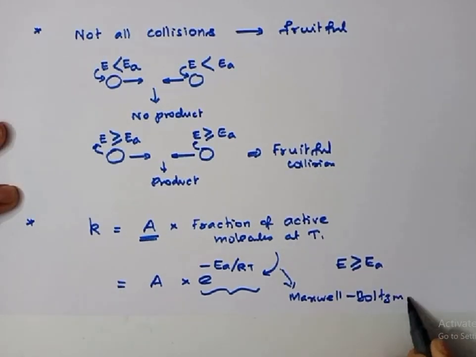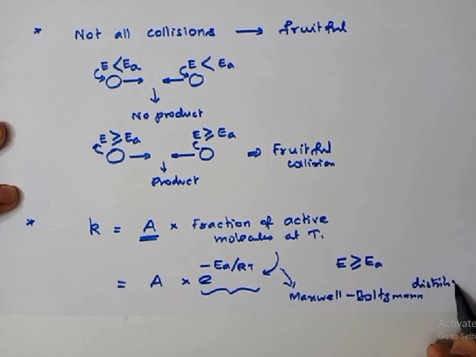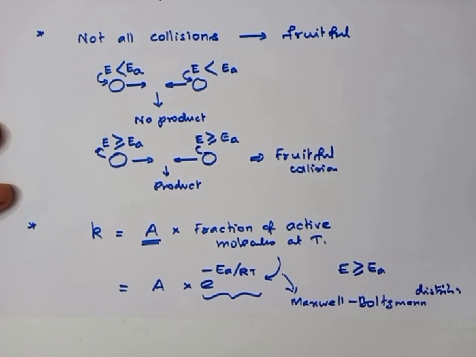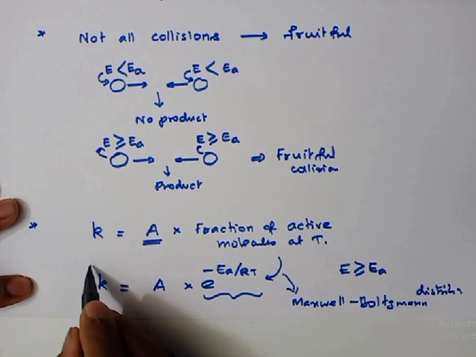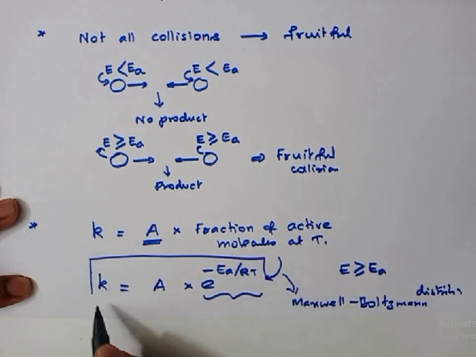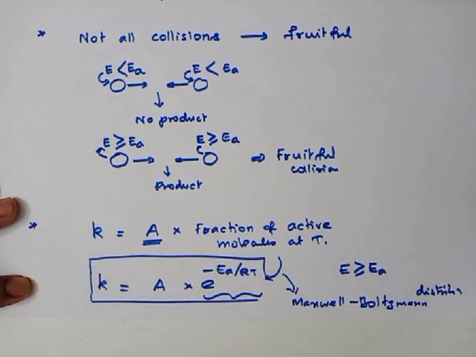This is the information that you have to keep in mind. And this is the modified form of the Arrhenius equation: k is equal to A into e to the power minus Ea by RT.